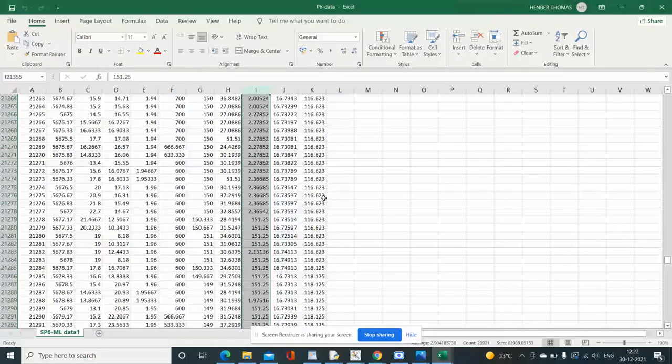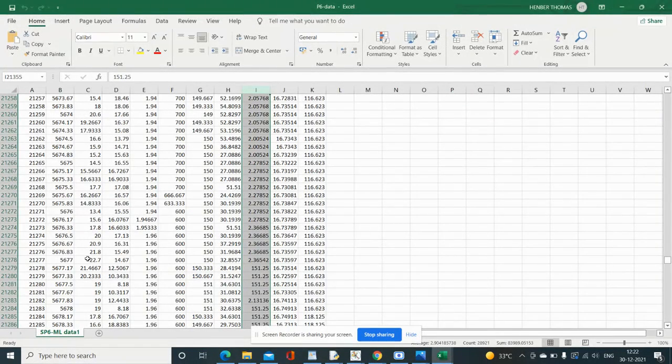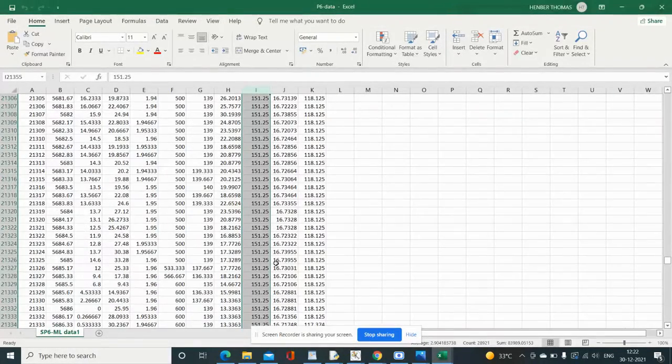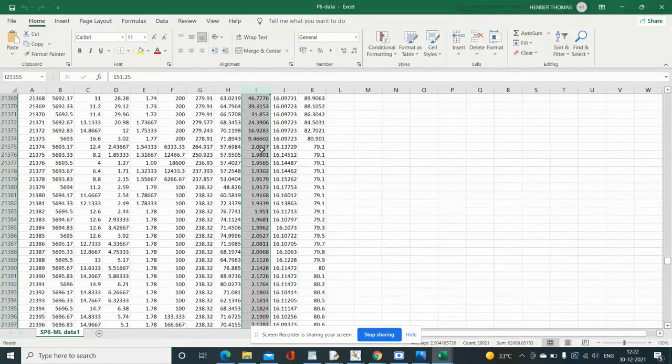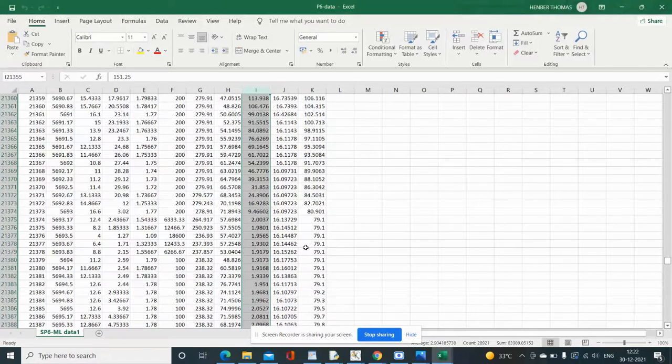You can see that the resistivity was following a normal pattern up to 5677 meters, and after that suddenly it spiked to 151, and those unreasonable data points continue until, say, 5700.